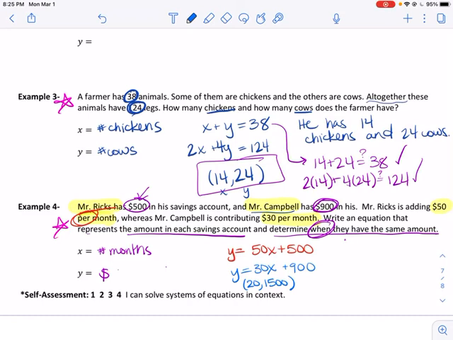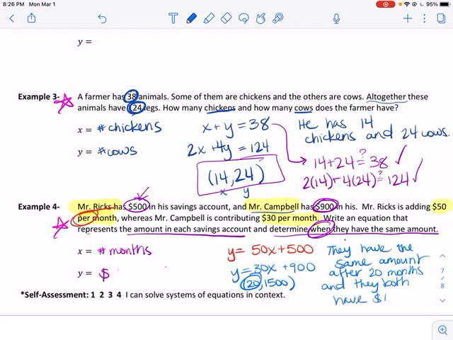So we're going to say they have the same amount after, so x was the number of months, so after 20 months, and that amount is, and they both have $1,500. You could also write, they both have $1,500 after 20 months. I didn't write that the best way.